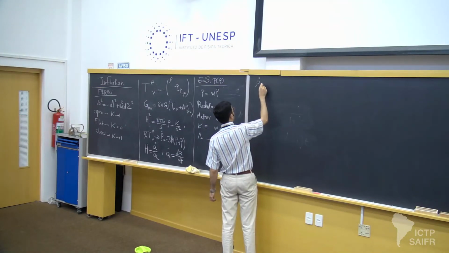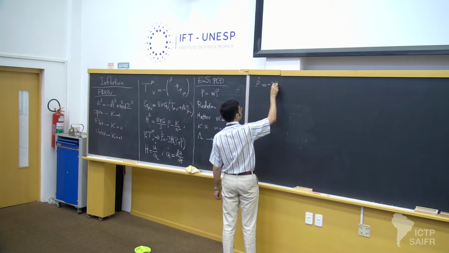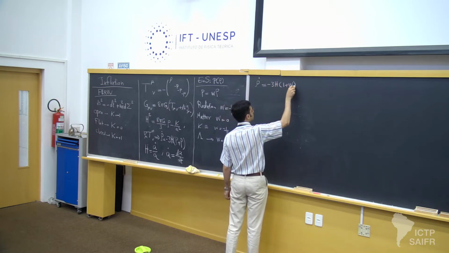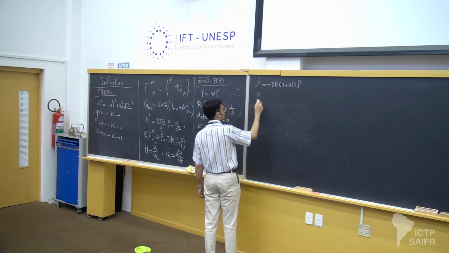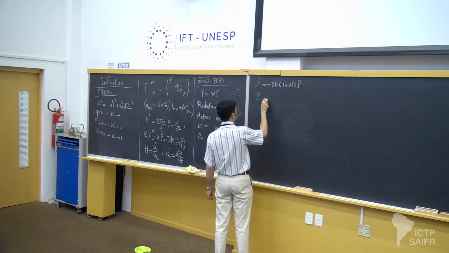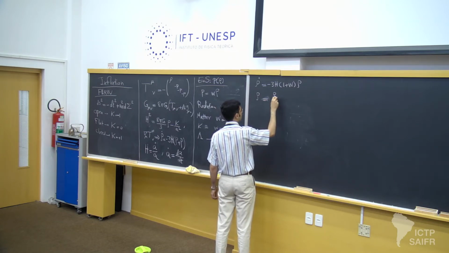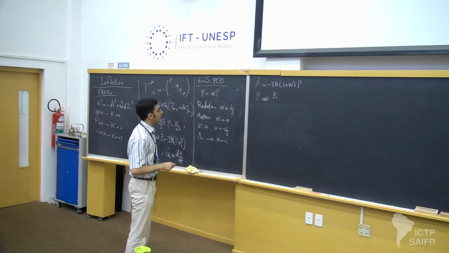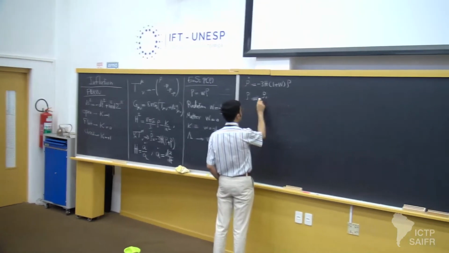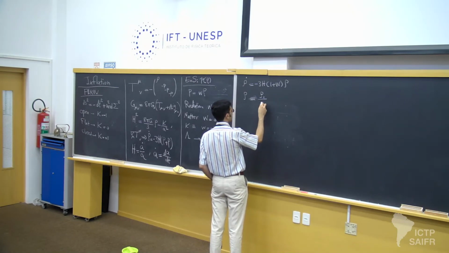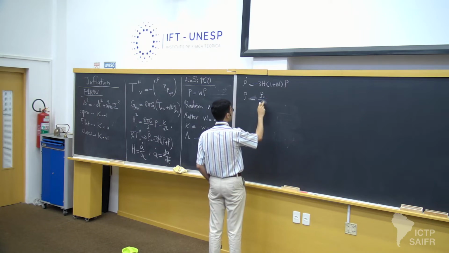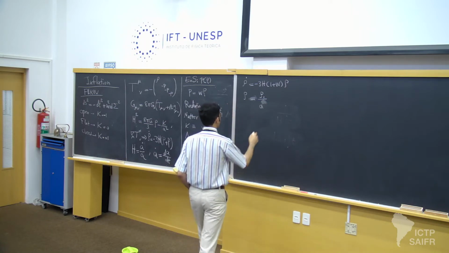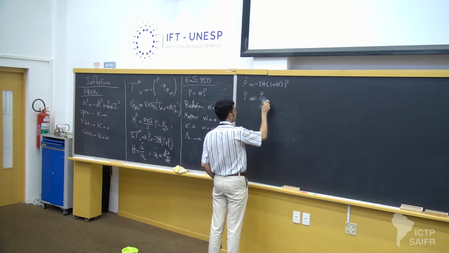It tells me that rho dot is equal to minus 3H times 1 plus W times rho, which tells me that rho is given by some constant, let's call it rho 0, divided by a to the power 3 times 1 plus W.